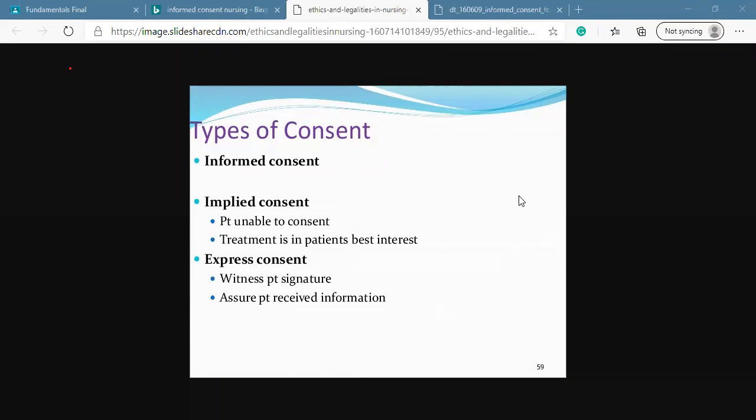Another example: a patient under 18 is diagnosed with a sexually transmitted disease and goes to the healthcare provider with the parents. If the patient says, don't tell my parents, then the doctor has to follow that, and in that case he or she is an emancipated minor, right?